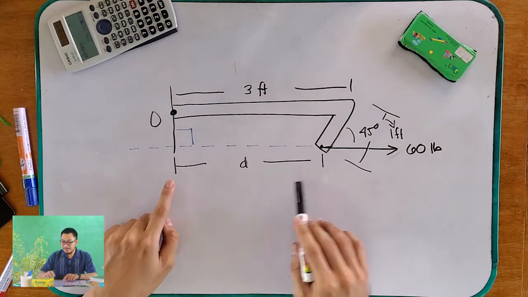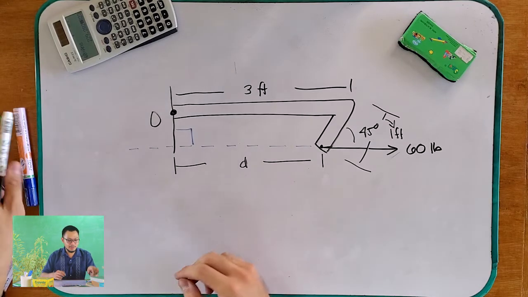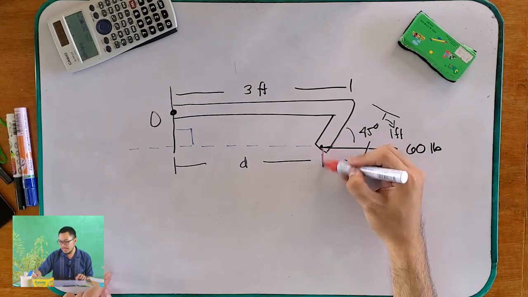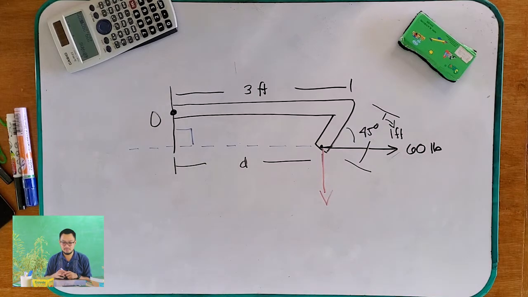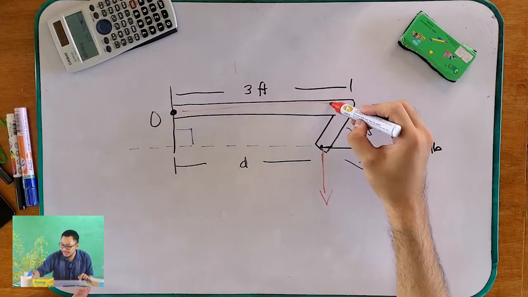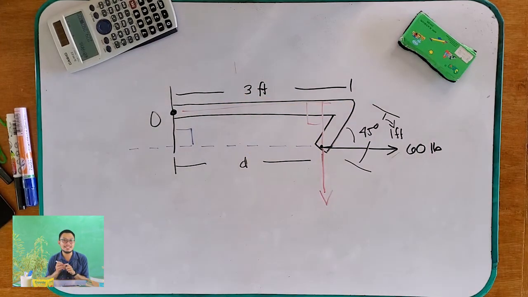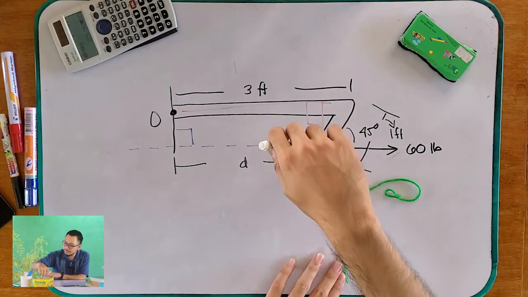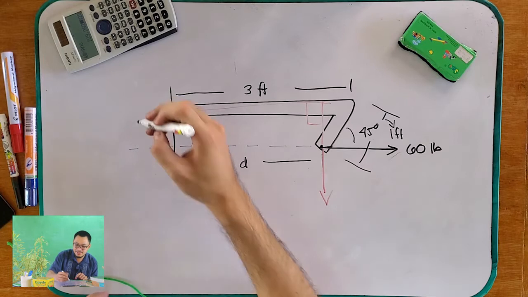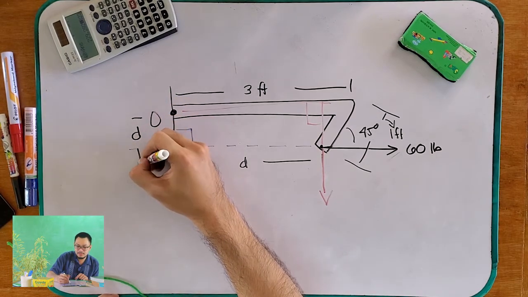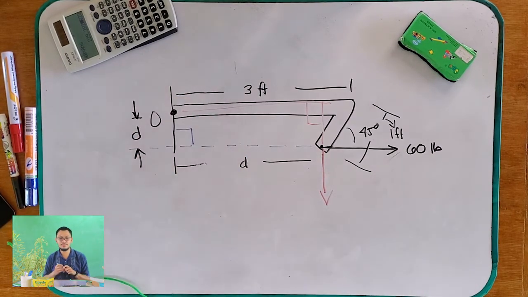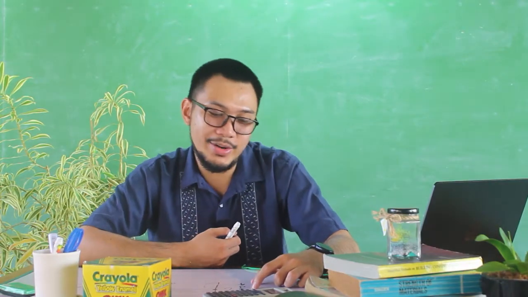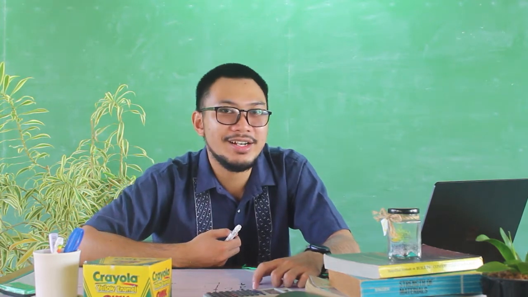Because to use this D, your force should be directed like that. Because that would be our perpendicular distance if that were the case. But it's not the case. The case is that our force is directed that way, and this is your true perpendicular distance.